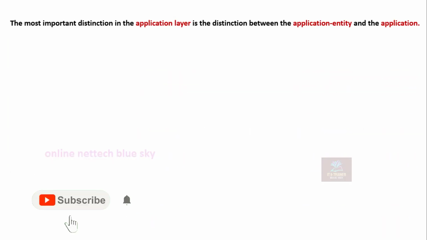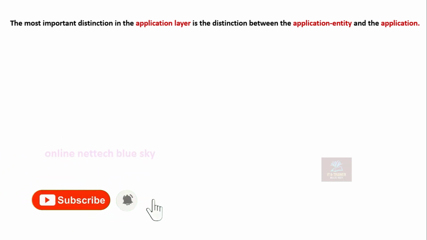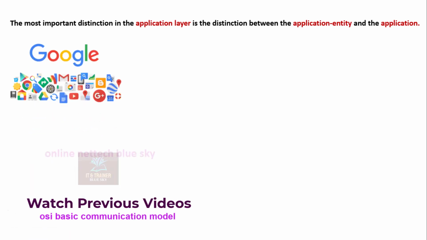So understand about it. The most important distinction in the application layer is the distinction between application entity and the application. Just like you can see, it is very important to understand about a lot of Google products.